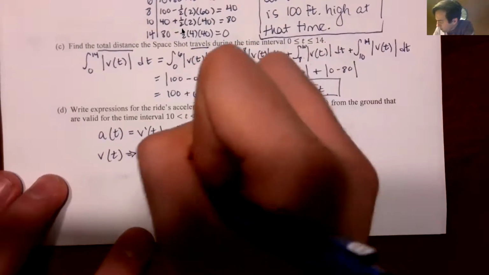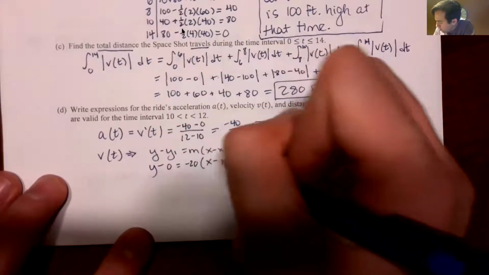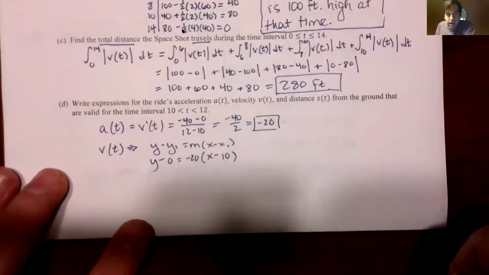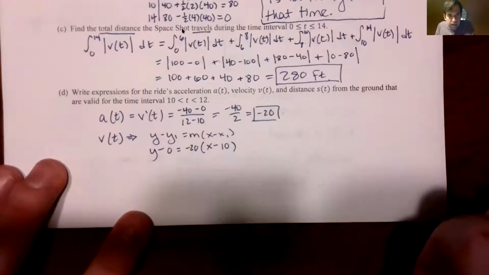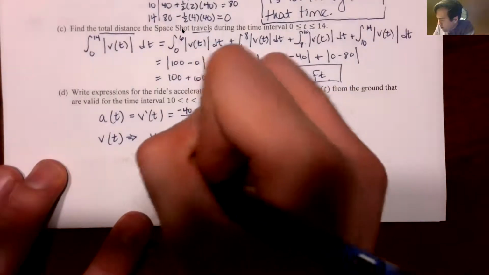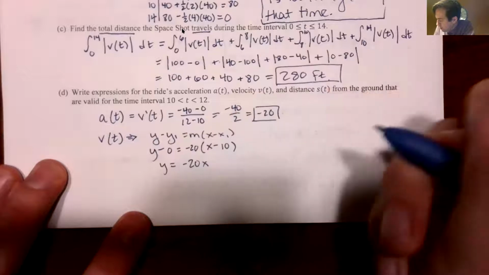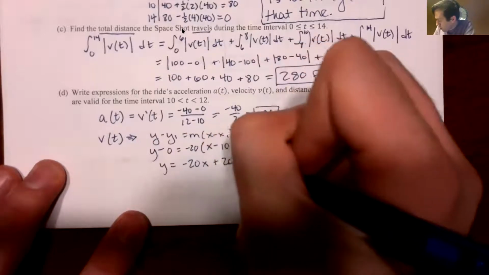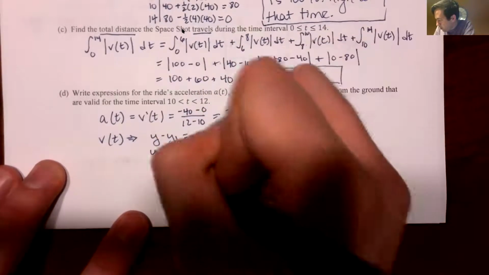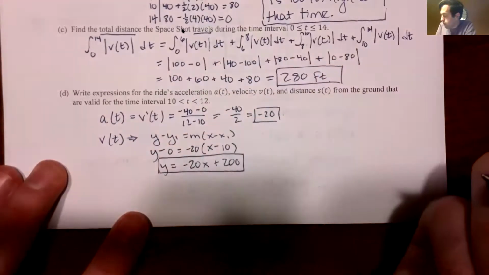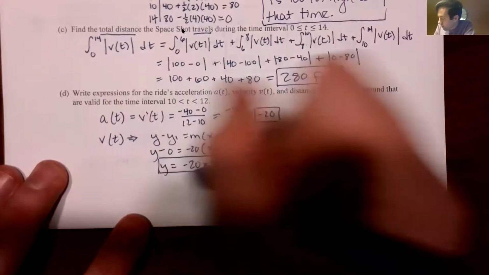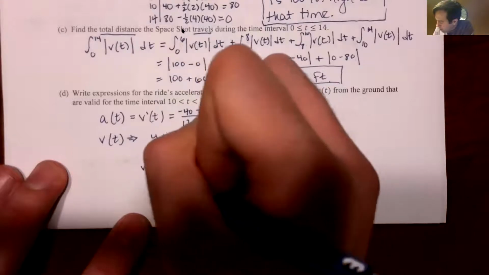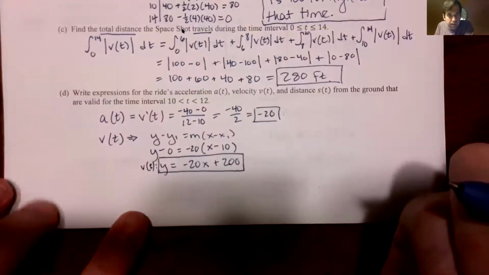So I'm going to fill in the rest of the formula, and I am going to distribute the -20. So we get -20x plus 200. So that's our velocity function. I could have written v of t here instead of y equals, but same thing.